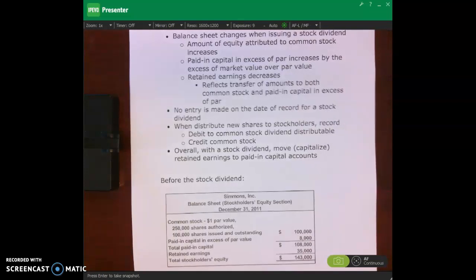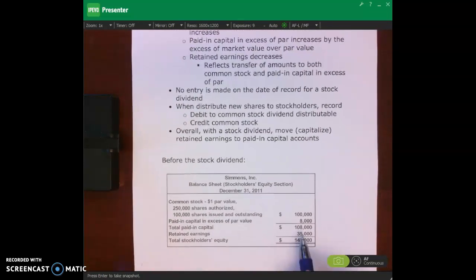These are different numbers than what we worked with in that prior problem, but you can see it's going to move from retained earnings into common stock and paid-in capital in excess of par when we do that journal entry.